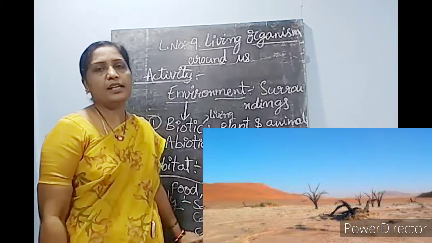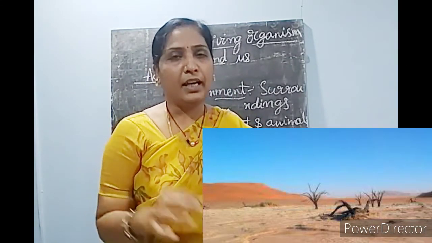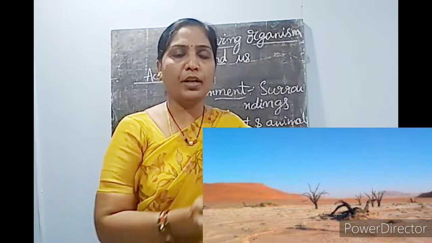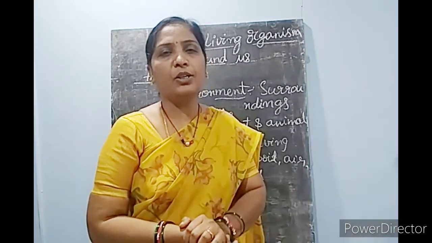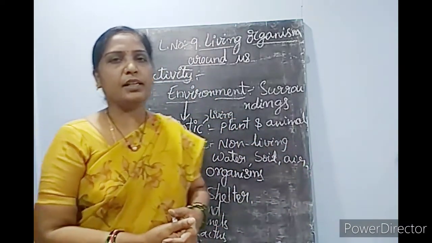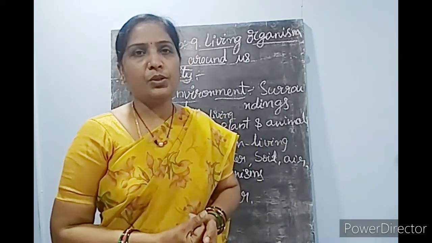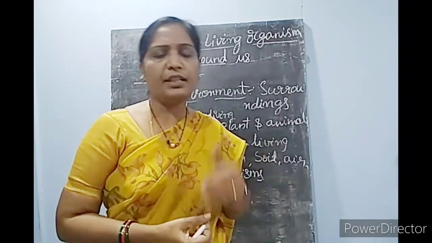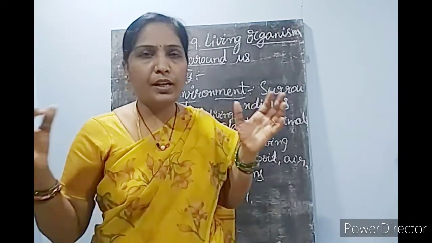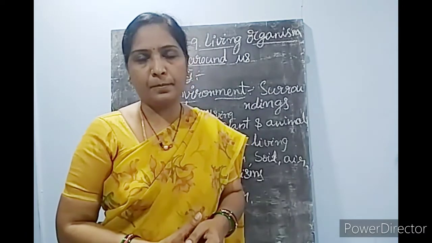Yes, these are the things, and a hot, scorching sun, and very little water, a little oasis in the desert. So these things only you might have remembered when I say desert. Yes, so it has very little rainfall, so the area will have very hot and dry conditions.